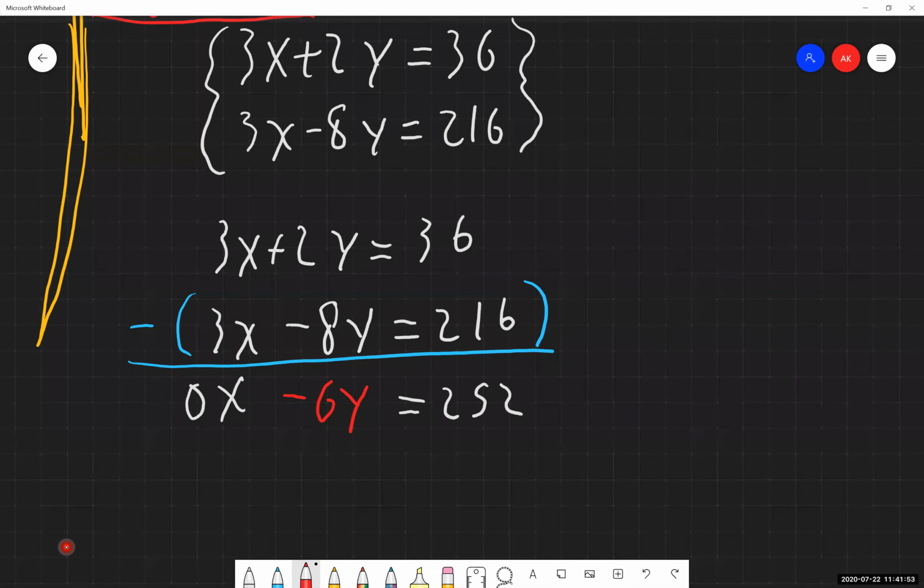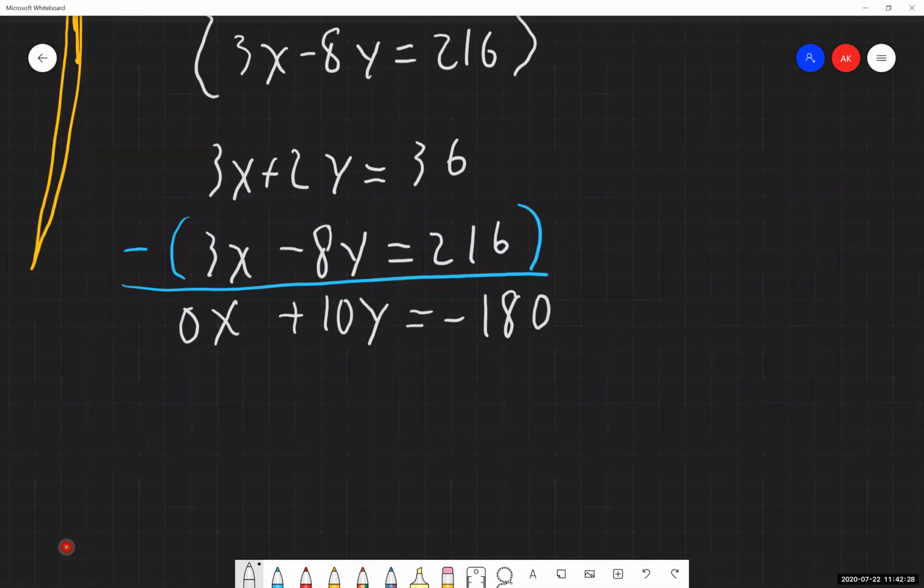So what we really should be doing with this is, if you are going to use subtraction, you need to take it really, really slow, because what we are really doing is we have a positive 2y minus negative 8y. A negative and a negative makes a positive, so I should be getting 10y out of that. 36 minus 216 is going to give me a negative 180.